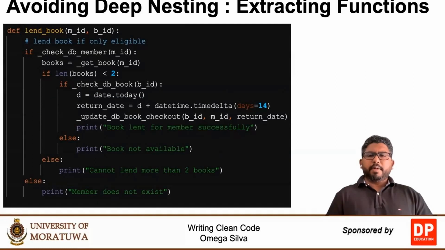If you look at our lendbook function, you can easily see it contains a nested if-else structure. The nested levels here are 3. Now, technically, it has to go beyond 3 to consider this as deep nesting. But for the sake of the lesson, let's use this as an example to understand how to avoid deep nesting.